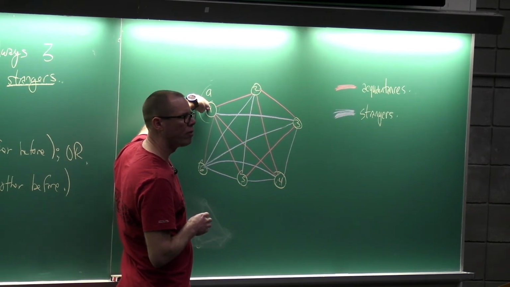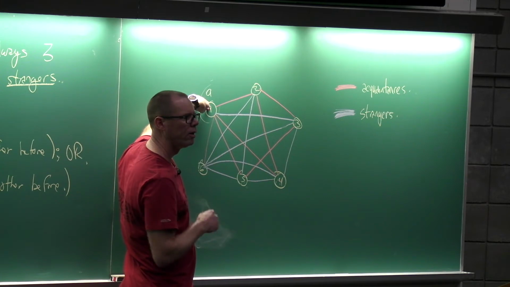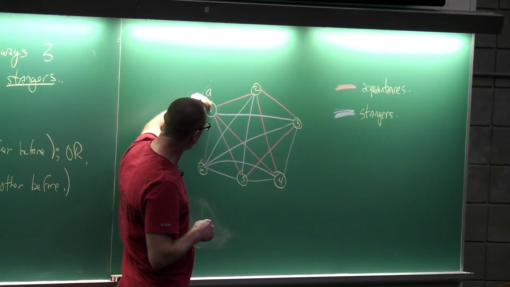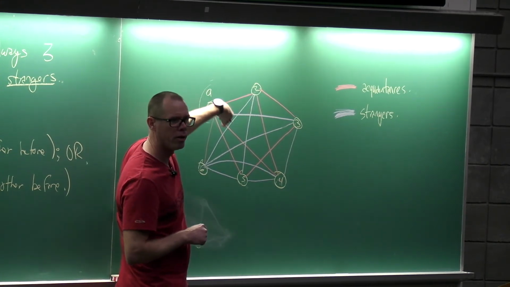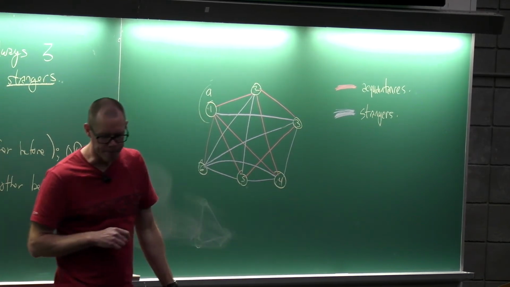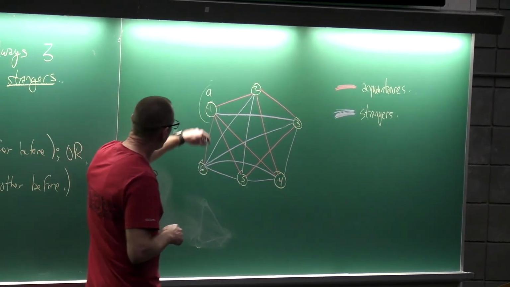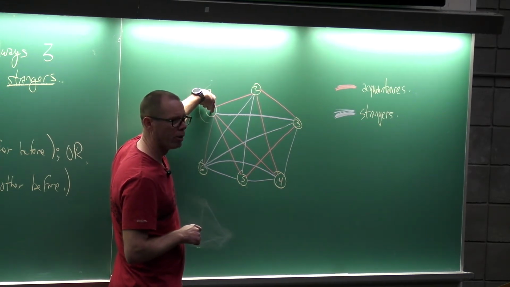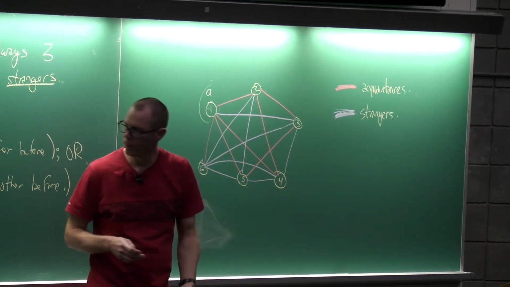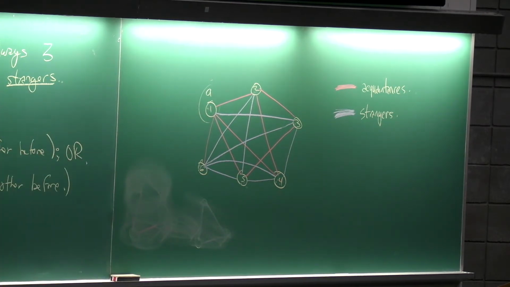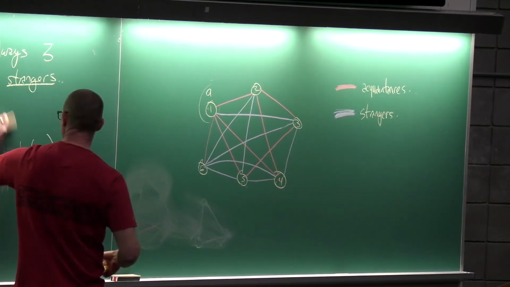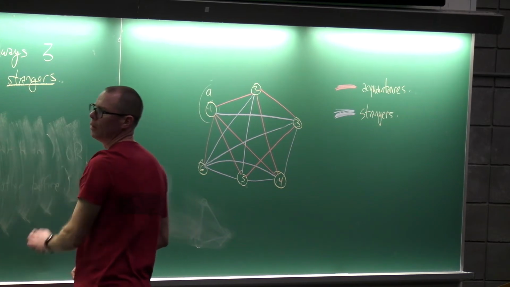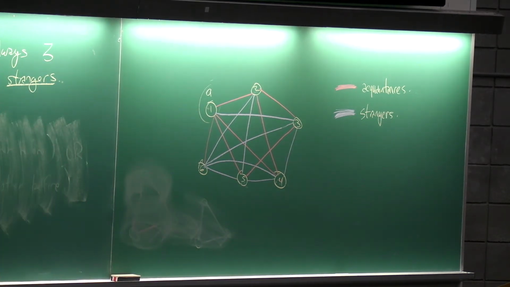A is one of 6 people, so there are 5 segments, one going to each of the other 5 people. And each of those is either red or purple. So let's write down the steps that we're taking here. Let's go all the way over here.